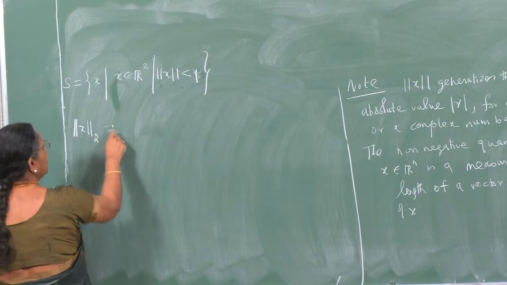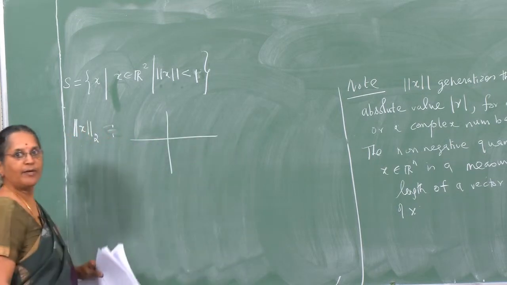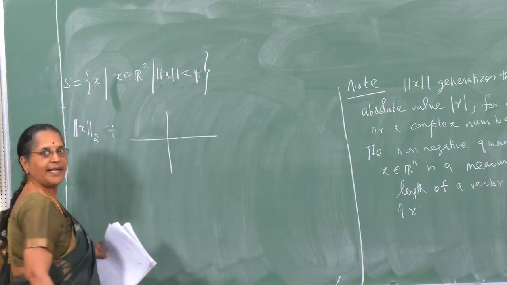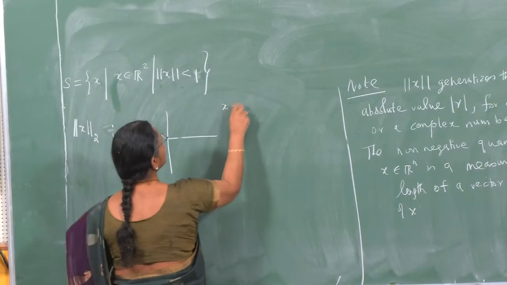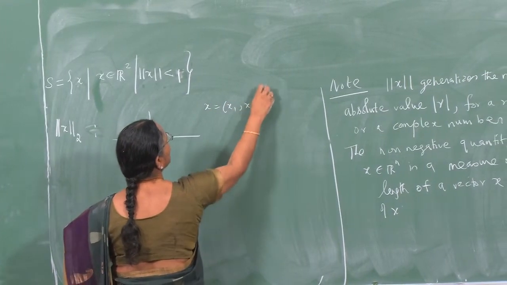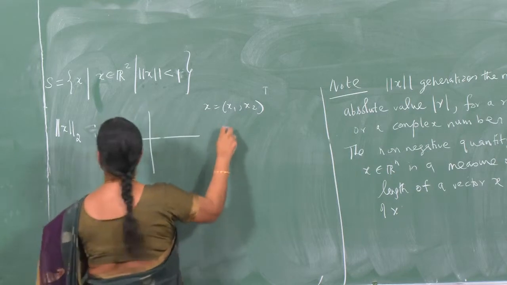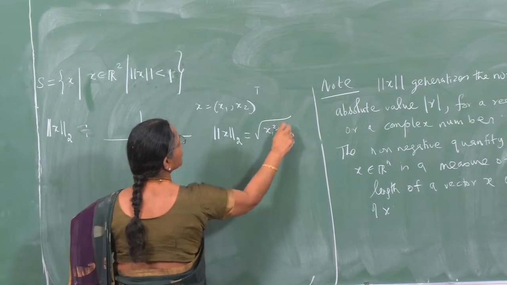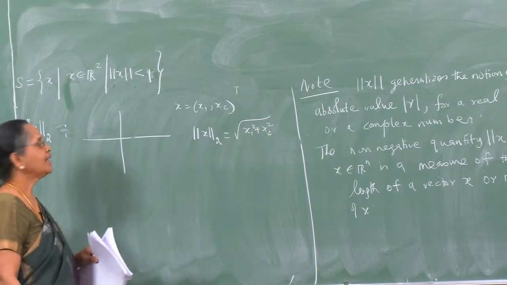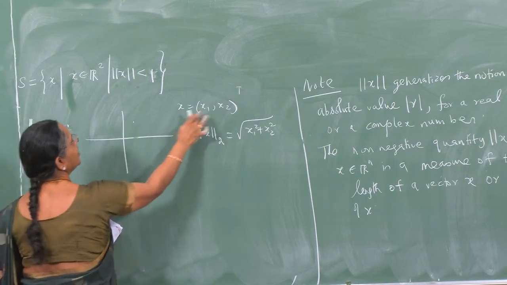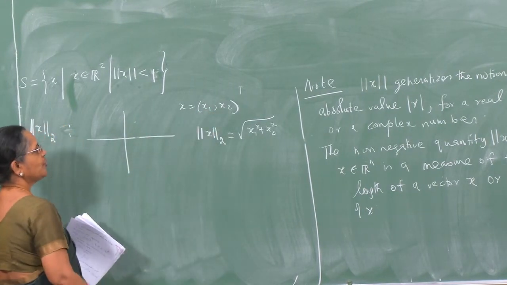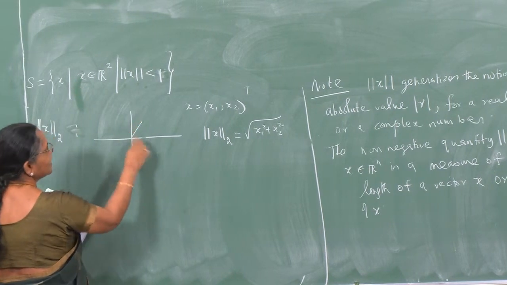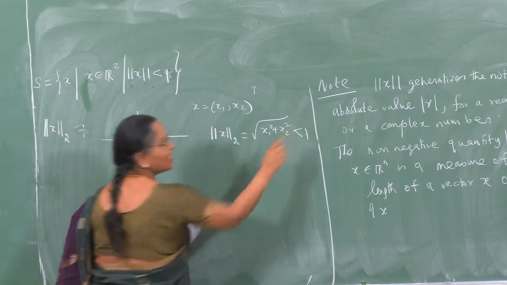So, if I use the Euclidean norm, then what do I want? I want all those members x in the two-dimensional plane such that x is now having components x1, x2. So, I want to use norm x2. By definition, it is root of x1 square plus x2 square. So, any typical x which is given to me having components x1, x2 will belong to this set if its distance from the origin is less than 1.